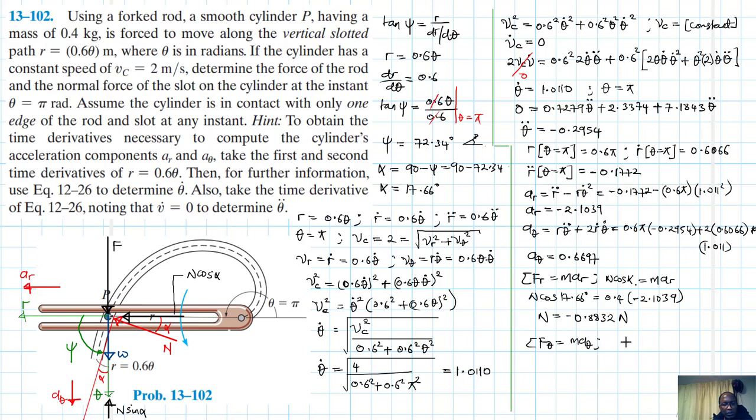Then we have summation of forces in the theta direction equal to m A theta. In this direction we have F plus W minus N sine alpha equal to m A theta.